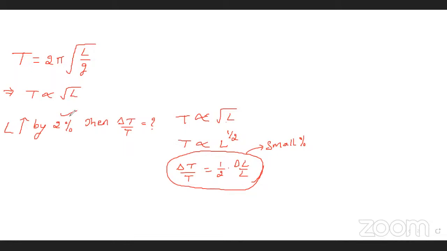It will be half times delta L by L. The percentage change in length is 2%, so delta T by T is equal to half times 2%, which is 1%. So if the length is increased by 2%, the time period is going to increase by 1%. Remember this.